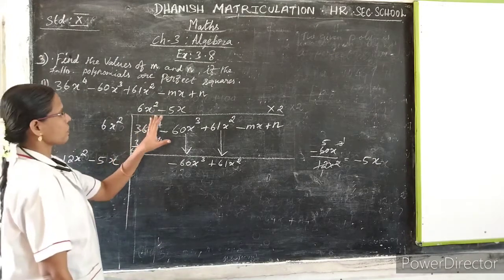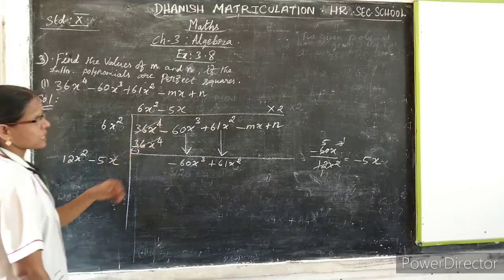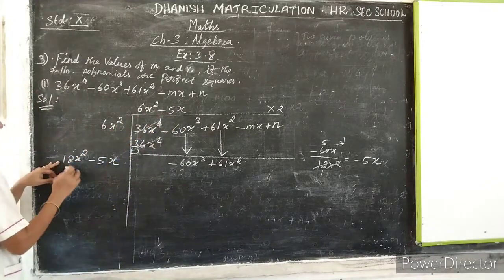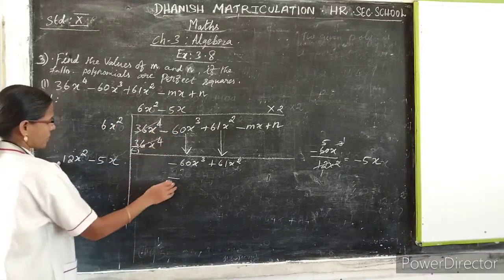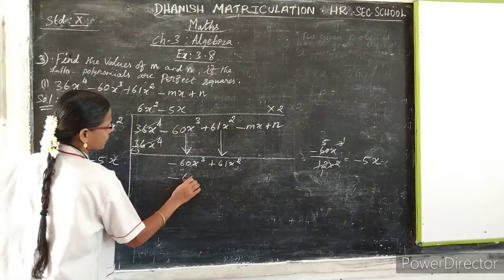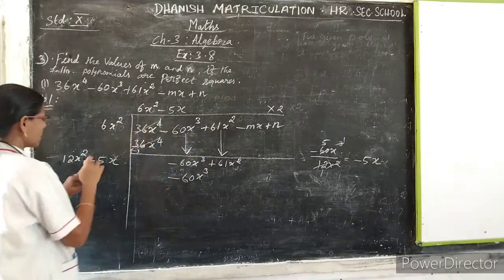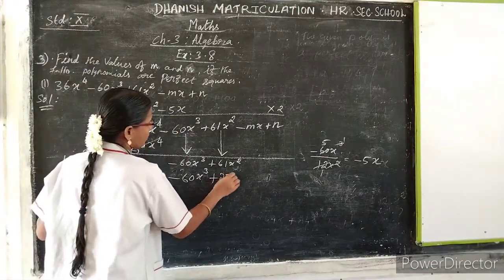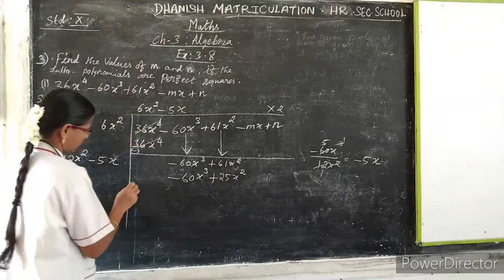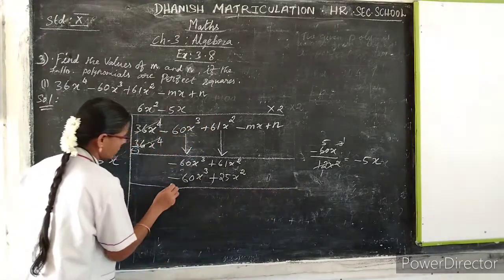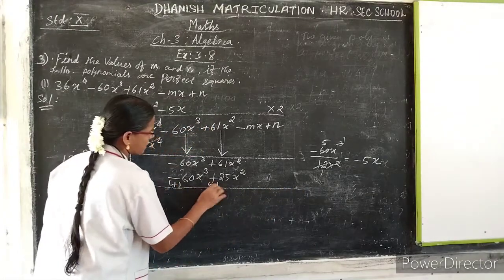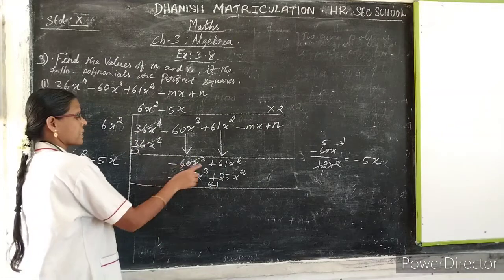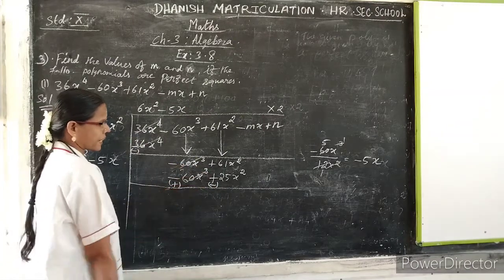Multiply these two terms by this minus 5x. So minus into plus is minus, 5 12s are 60x cube, minus into minus is plus, 5 5s are 25x square. Now change the sign: the minus 60x cube and plus 60x cube get cancelled.